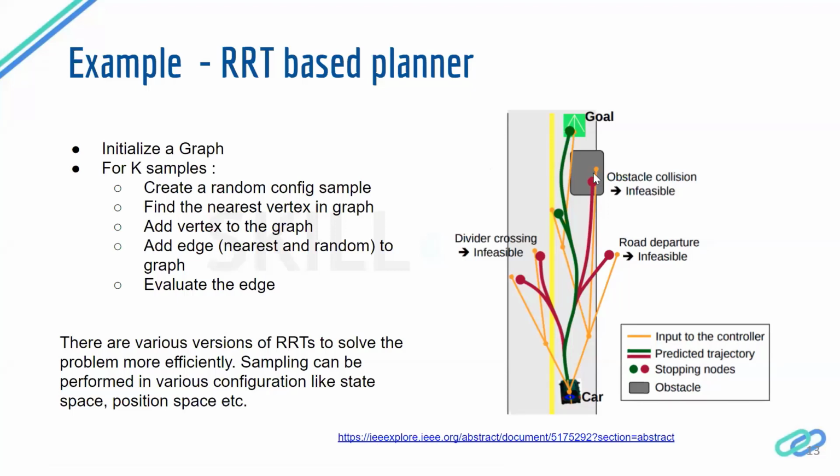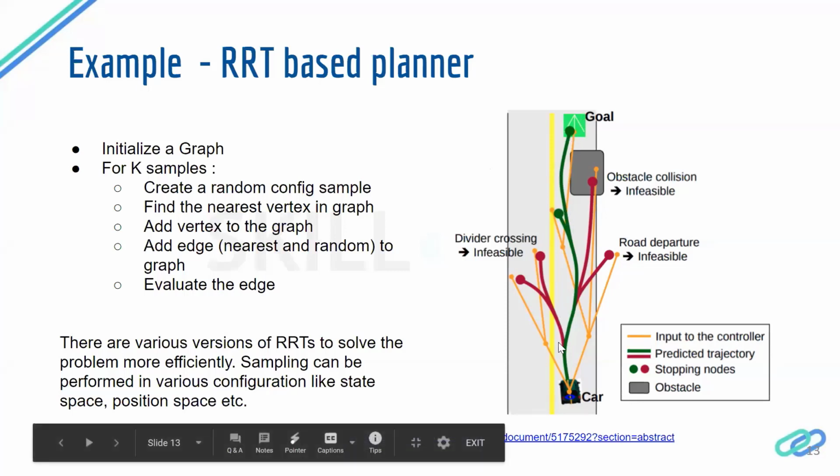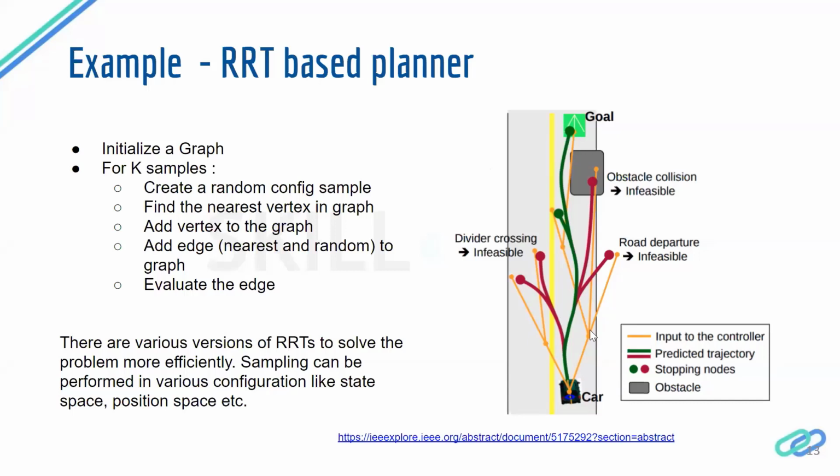We don't want this trajectory either, so we mark it as a bad trajectory. On and on, each sample is made and then checked till it reaches the goal. Then we identify this green line, which is the trajectory that we want the vehicle to follow in the future to avoid this obstacle and go forward.